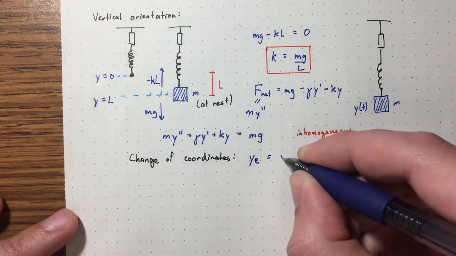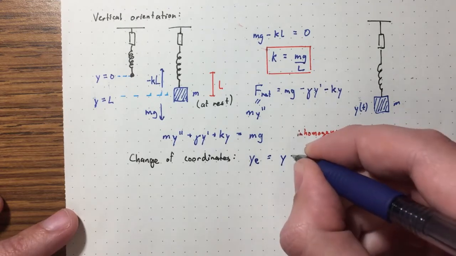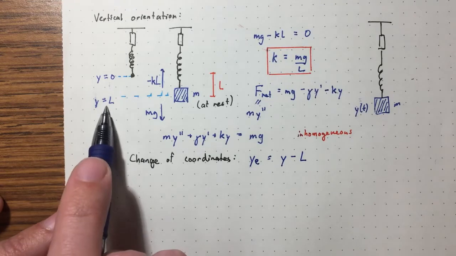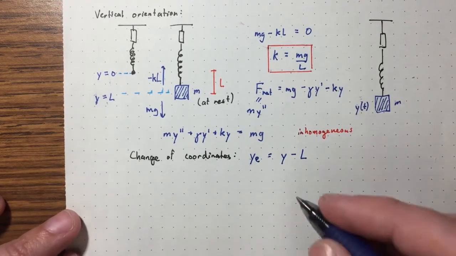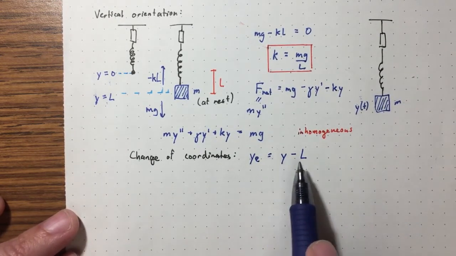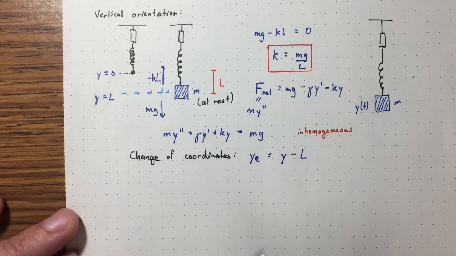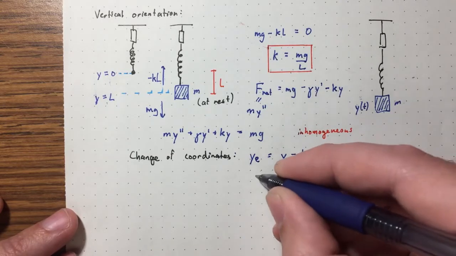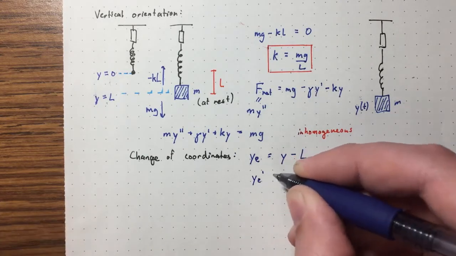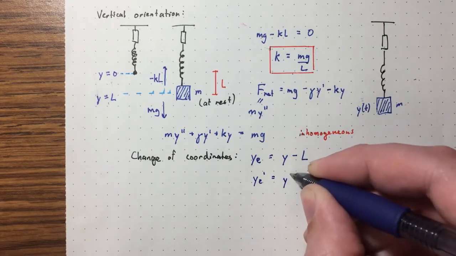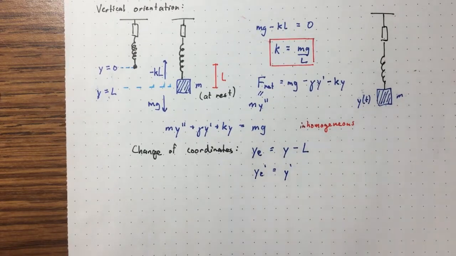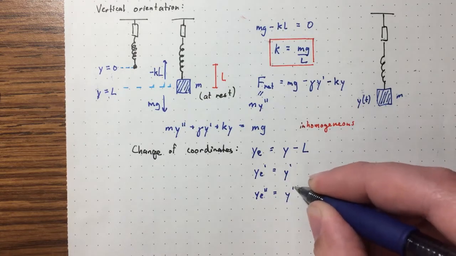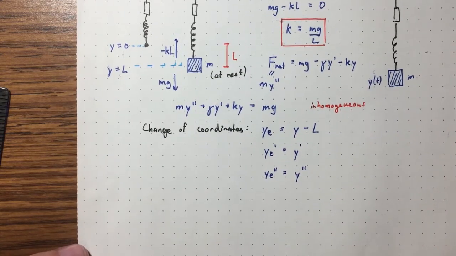So in other words, ye is going to be y minus L. I need to subtract that offset L, because I want this to be 0. Okay, great. So now I want to change variables from y to ye. So I need to take derivatives and second derivatives. Well, the derivative is just equal to y prime. The L goes away. And second derivative of ye is just equal to second derivative of y.